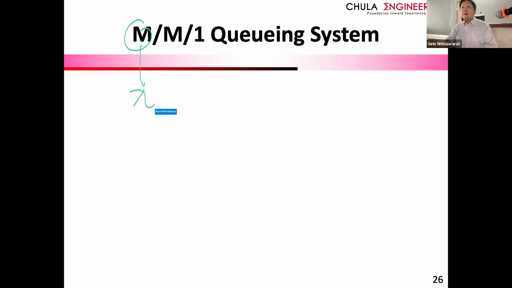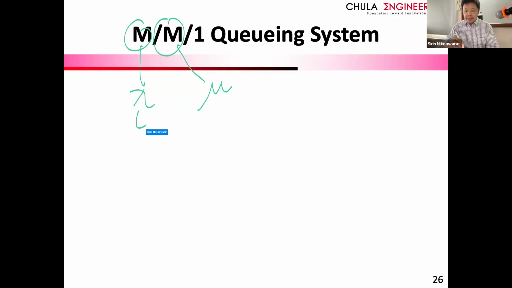The second M is the service mechanism, which is basically the exponential distribution of the service time of each customer. Let's say that's exponentially distributed with parameter mu.